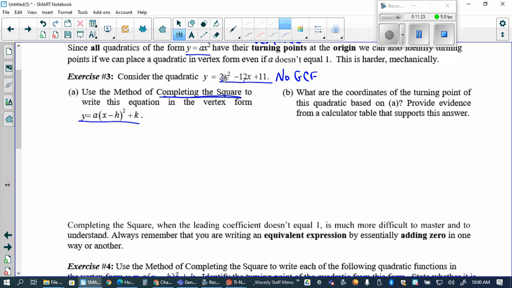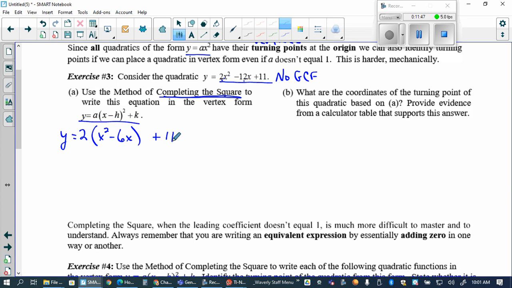Just the 2. Normally, if I tell you to factor, yeah, factor out the 2x. But let's factor out that 2. So we'd have y equals 2 times x squared minus 6x, right? And then I'm going to leave plus 11 on the outside.